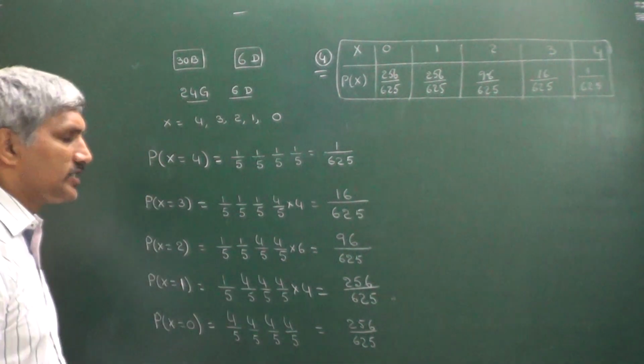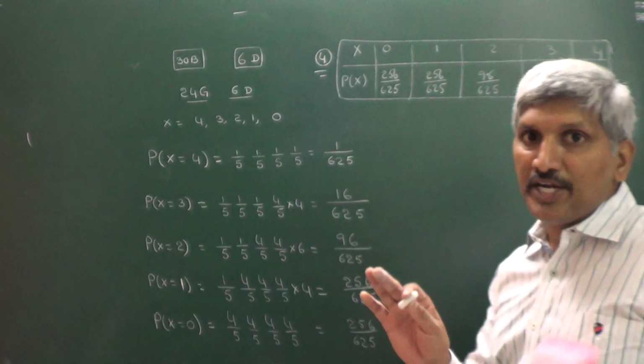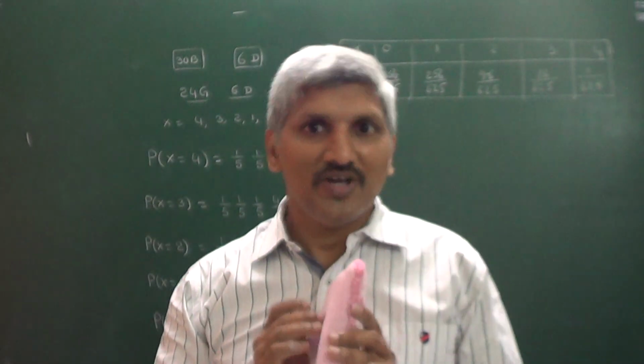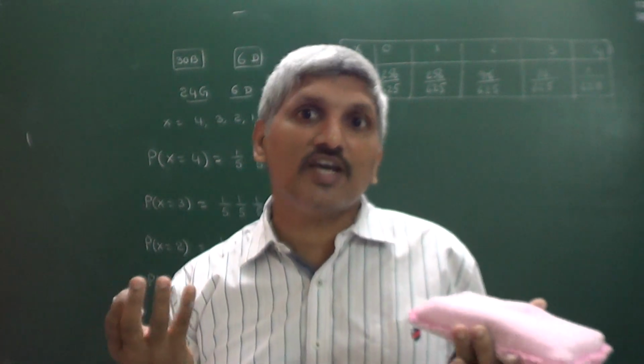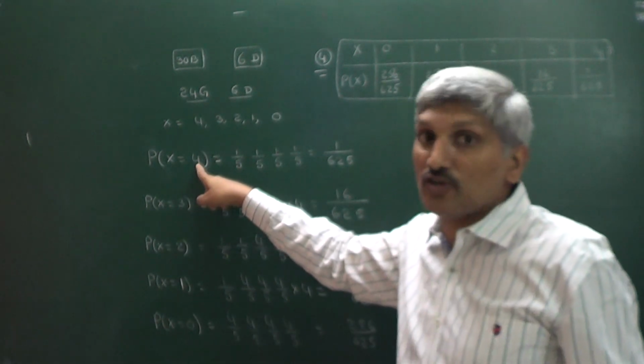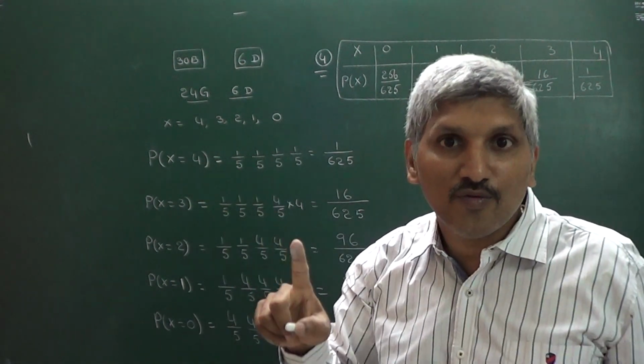Observe here, the same question we can do like this. Getting a defective bulb we are considering as a success. Not getting a defective bulb is a failure. So he is asking P of X is equal to 4, number of defective bulbs equal to 4 out of 4.